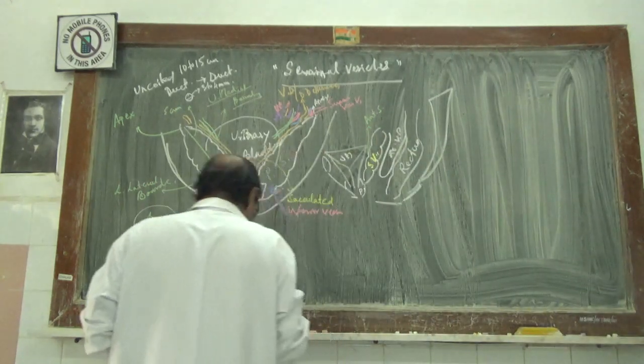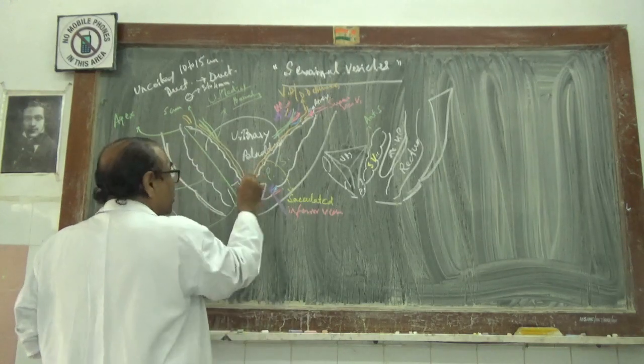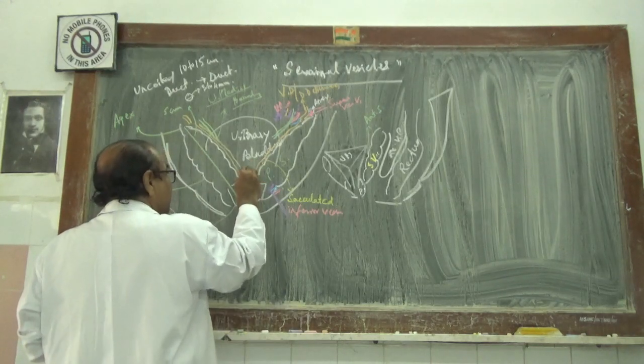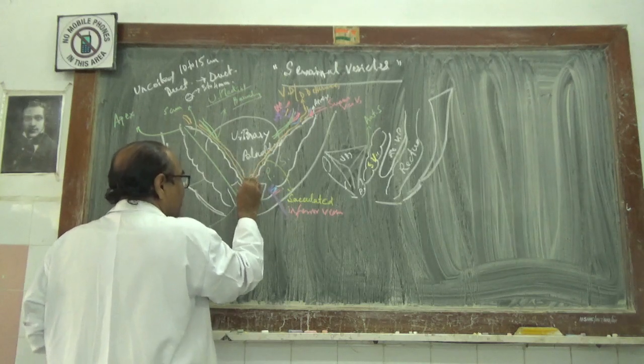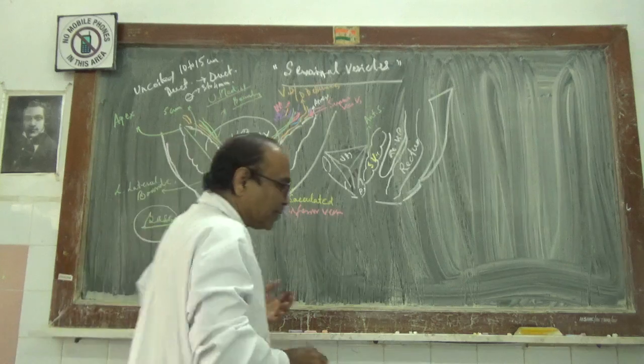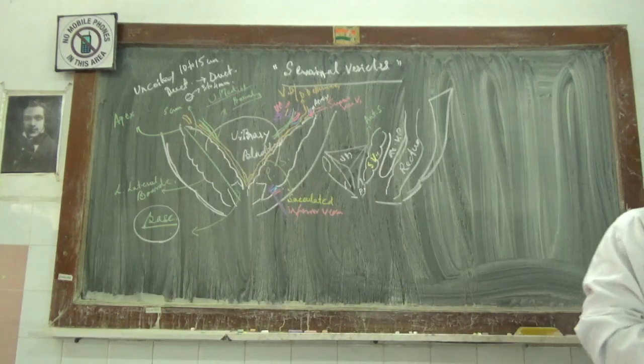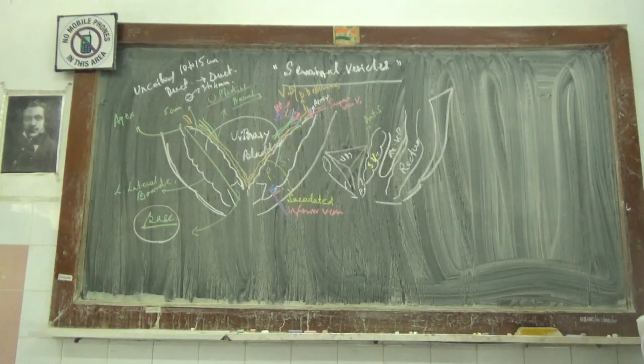Now this ductus deferens, when it unites with the other side's ductus deferens, forms some dilated part. That dilated part is called the diverticuli.